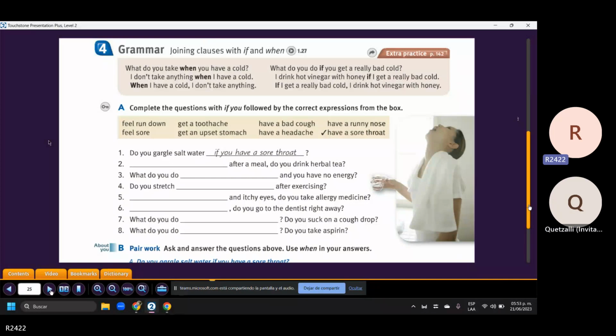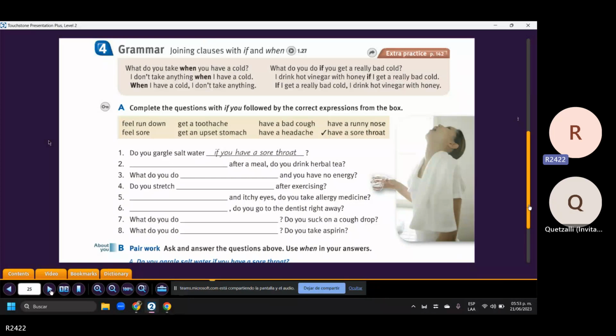And well, this can be in different places in the sentence. It's normal to join the first phrase with when, and the other sentence with if, the sentence, if and sentence. But sometimes you can have this structure.